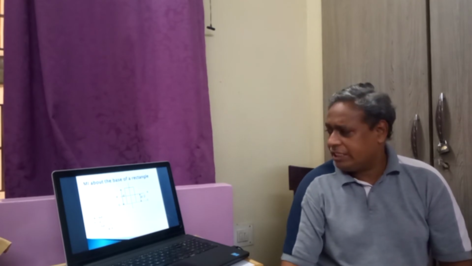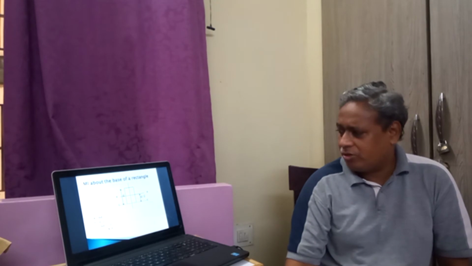So we are finding the moment of inertia at a distance of d by 2 from the centroid, that is at the base. Therefore the area will be b into d. This h, the distance between the two axes, is d by 2 because the centroid lies at a distance of d by 2 from the base. Therefore that distance is d by 2.